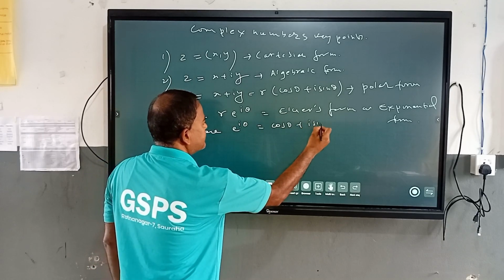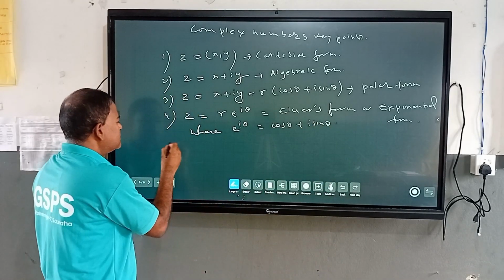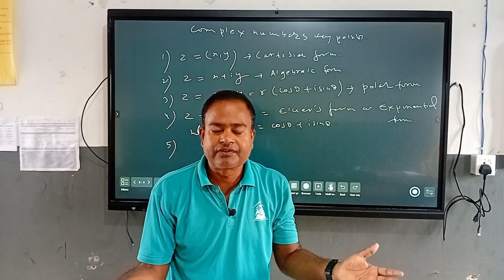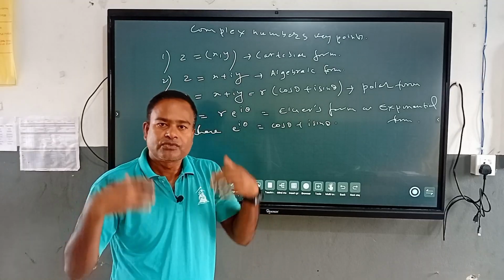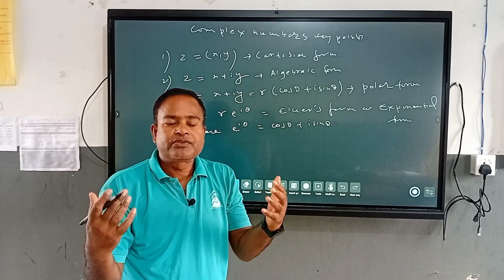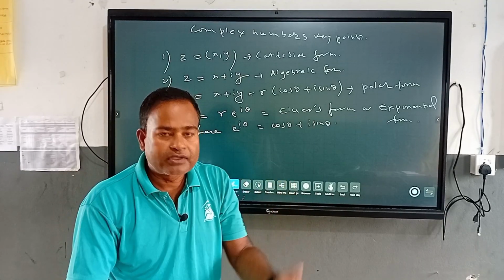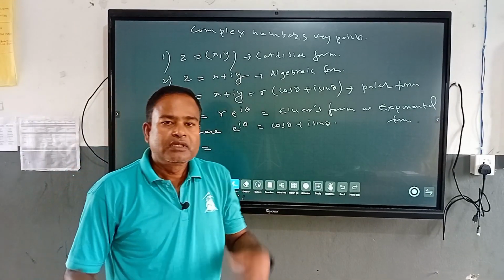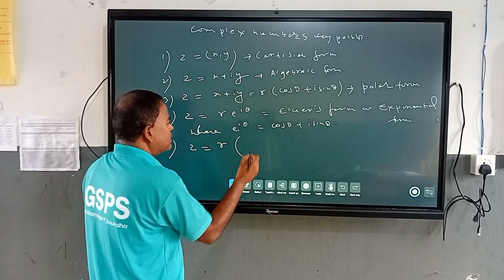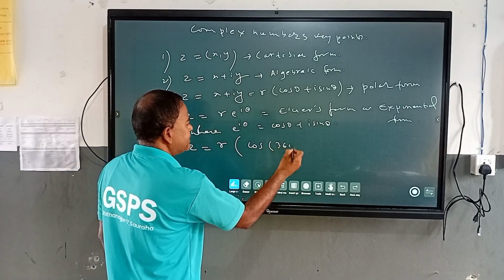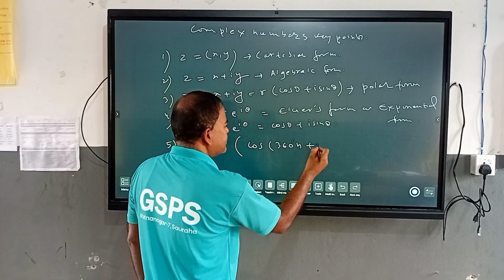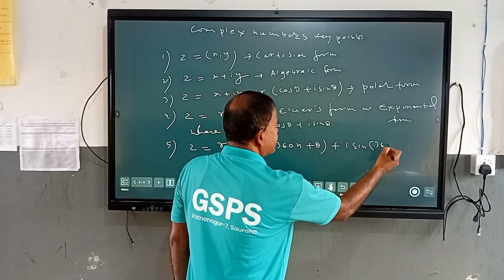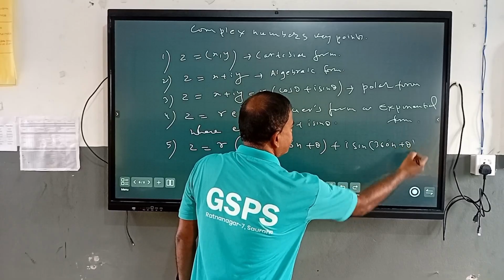Now the next one is, a complex number can be written in the general form, which is helpful for finding the square root, the cube roots, any root of a complex number. So z equals r [cos (360 degree n plus theta) plus I sin (360 degree n plus theta)].